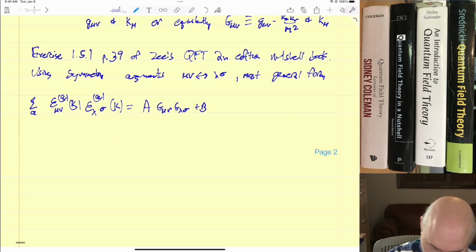Second term, so obviously this satisfies that symmetry argument, is a coefficient times g mu lambda g nu sigma.